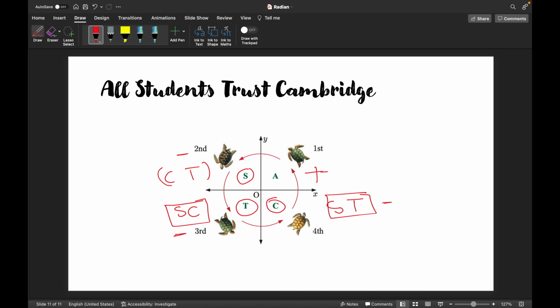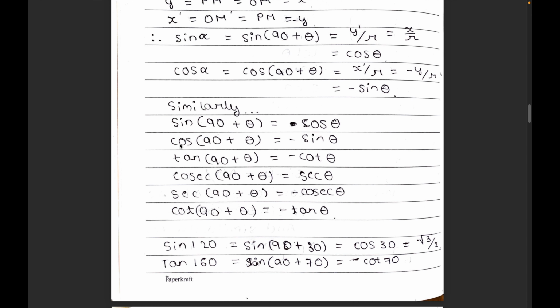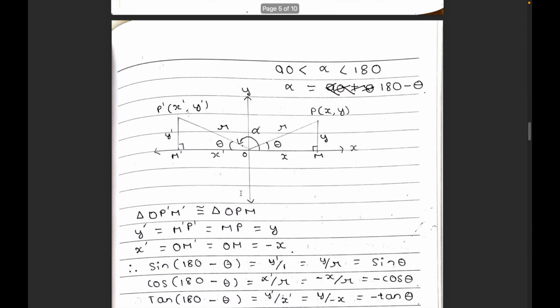If you think about it, in the second quadrant, sine is going to be positive, so that's why this has a positive coefficient. And cos of 90 plus theta would be negative, because in the second quadrant, cos and tan are negative. And so on.